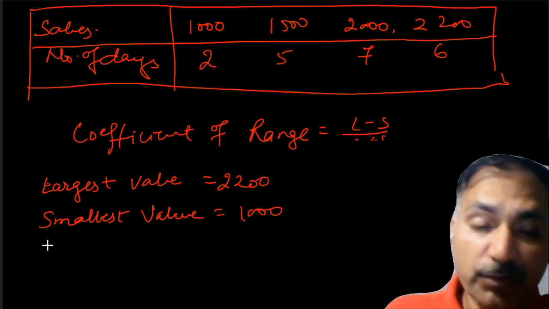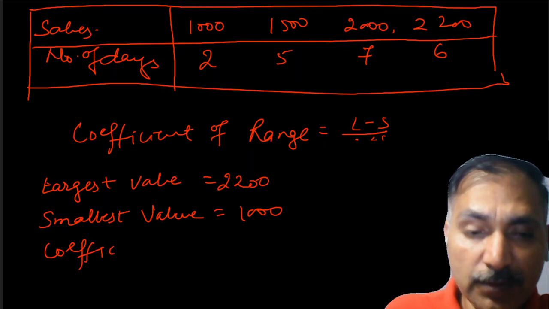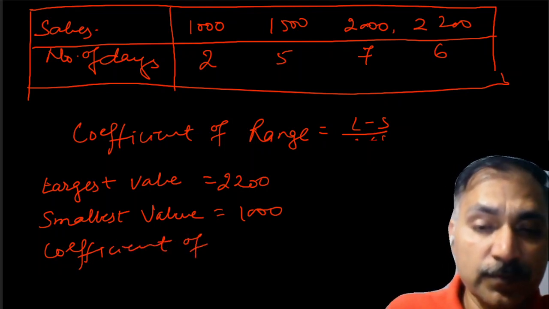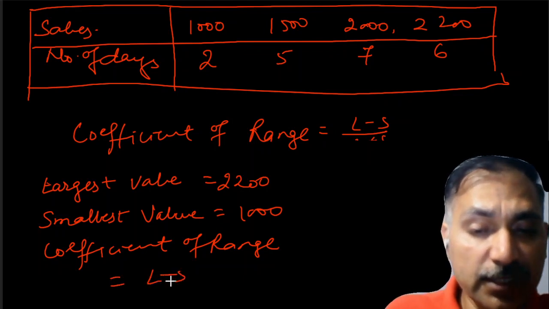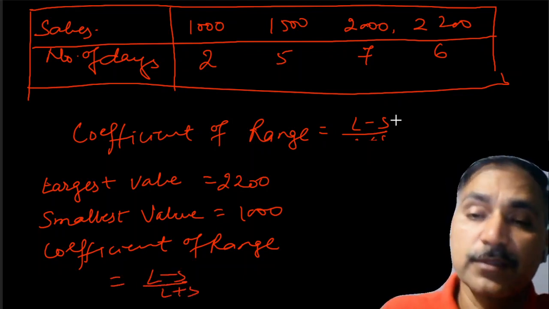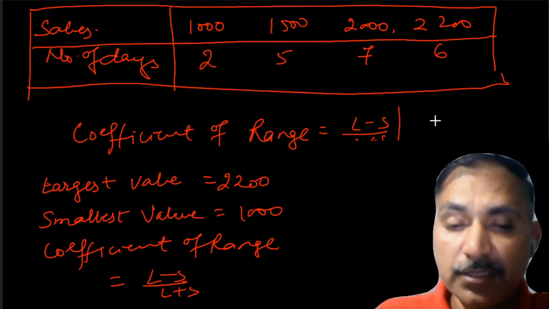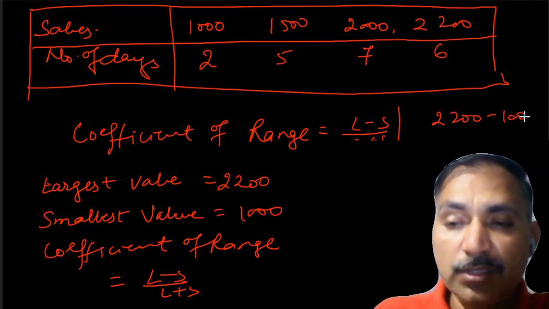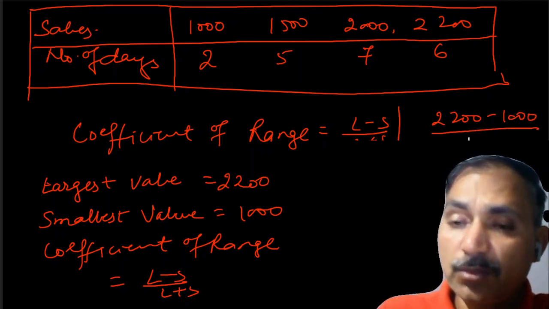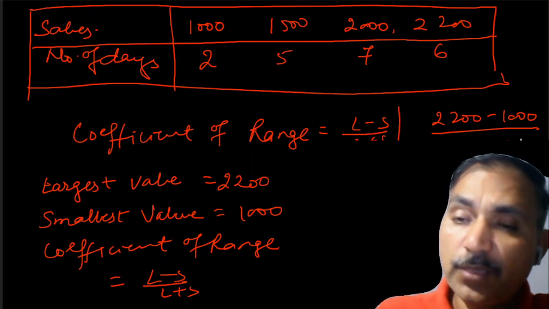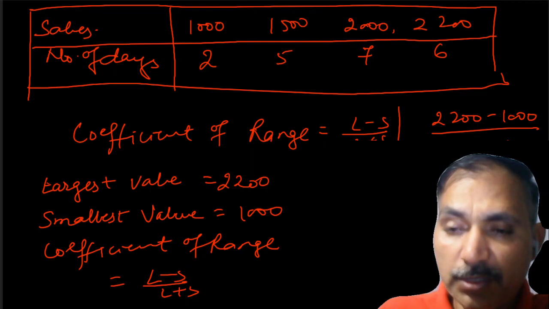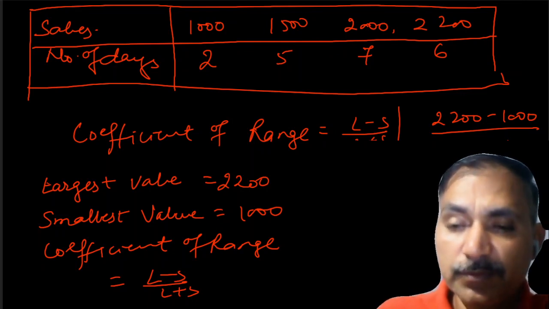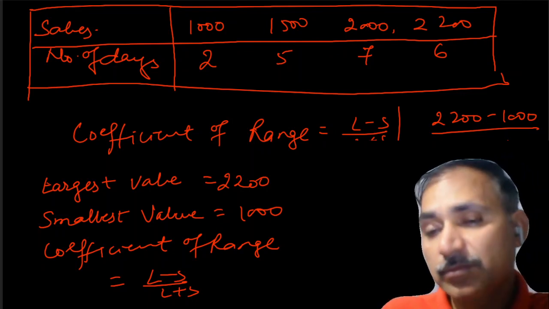So the formula is L minus S upon L plus S. L is 2200 minus 1000, divided by 2200 plus 1000. So it is going to be 1200 divided by 3200.